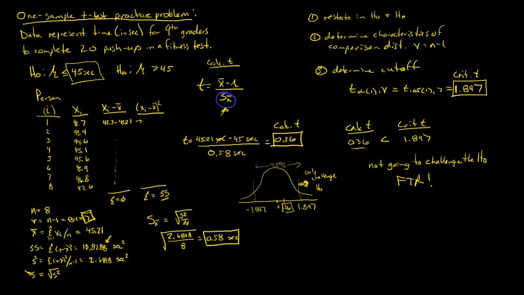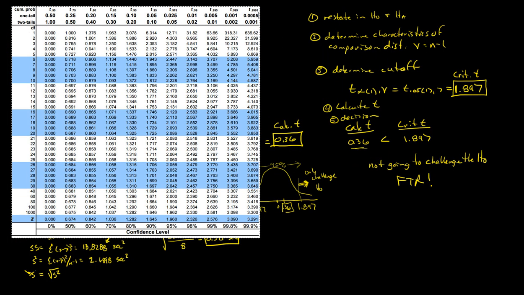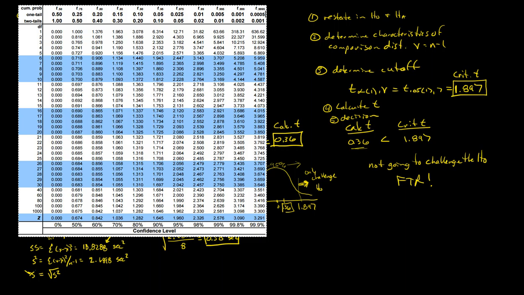So putting this back together, step 4 was calculate t, and step 5 was the decision. And then if I bring over the table, our t here was 0.05, one-tailed.